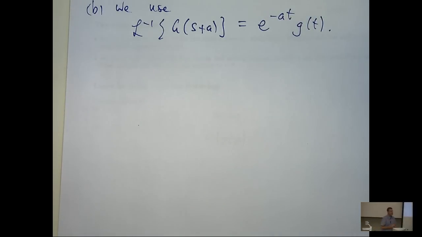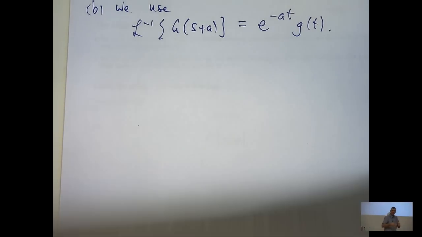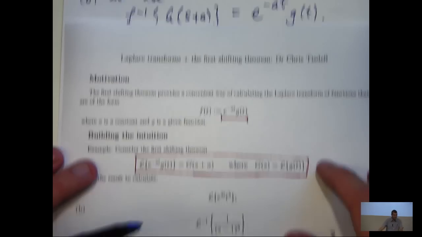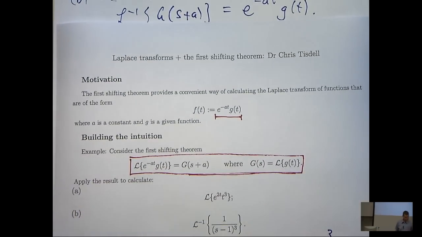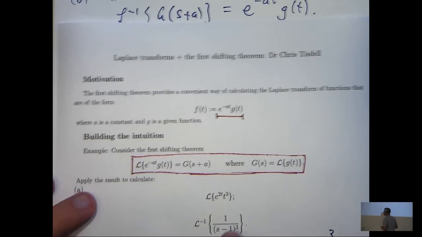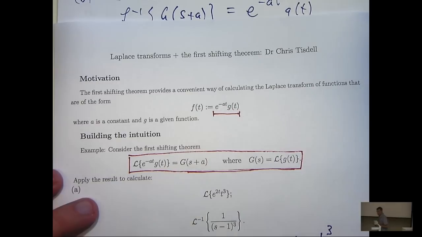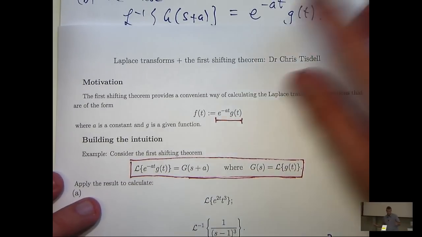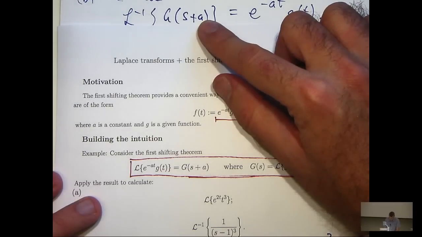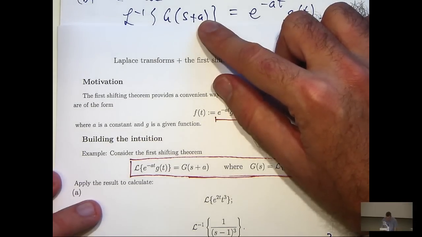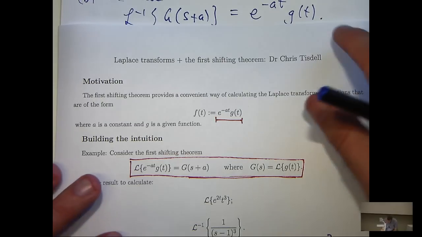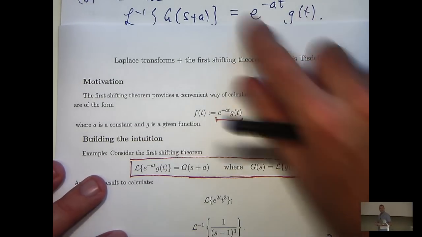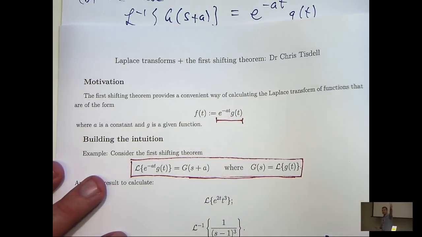In our particular example, we want to identify this with big G of s plus a. If I can identify a and little g, then I get my right-hand side and I'll get my answer.